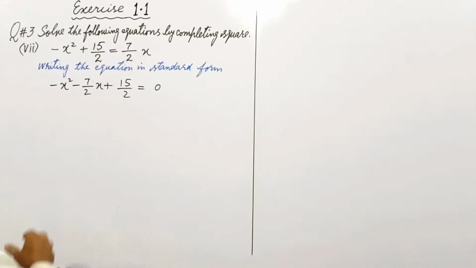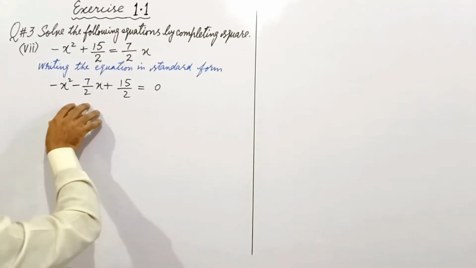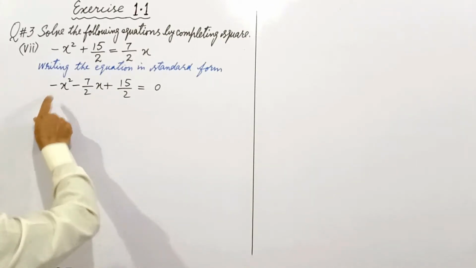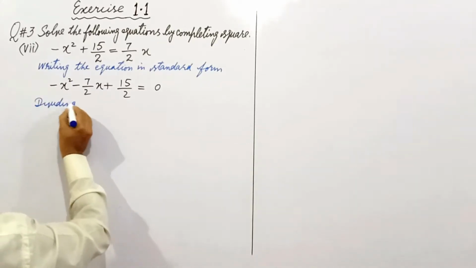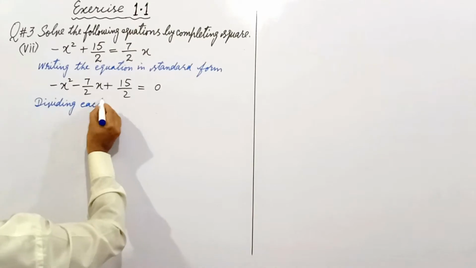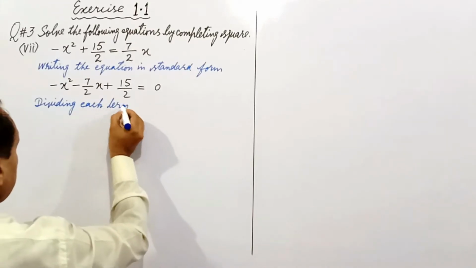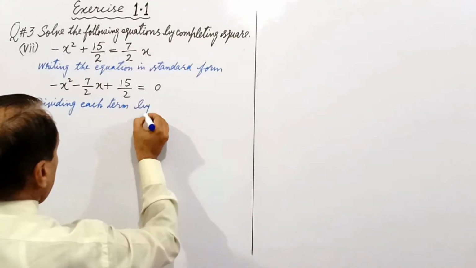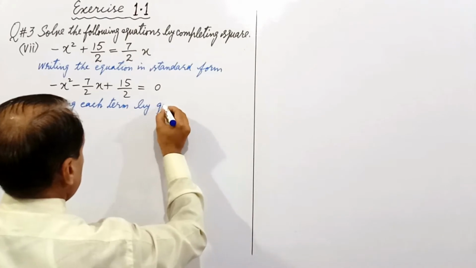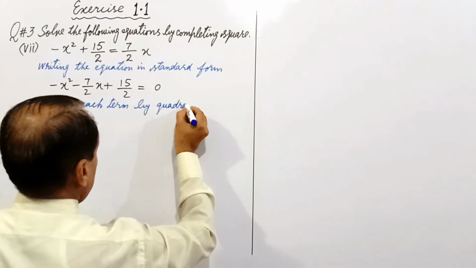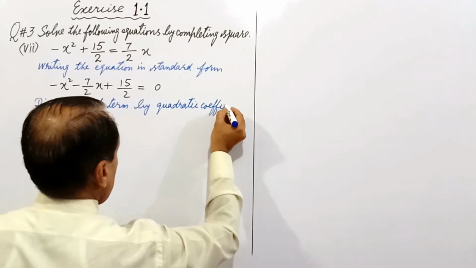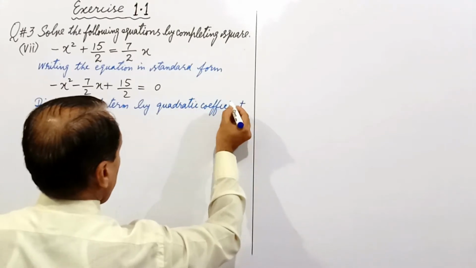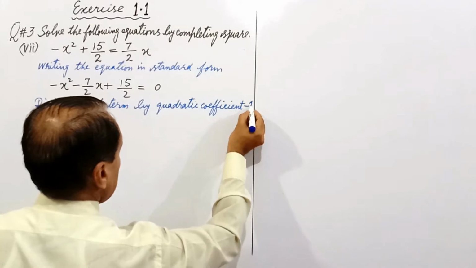Now we move to the basic concept of completing square method, in which we remove the quadratic coefficient in the first step by dividing each term by quadratic coefficient minus 1.